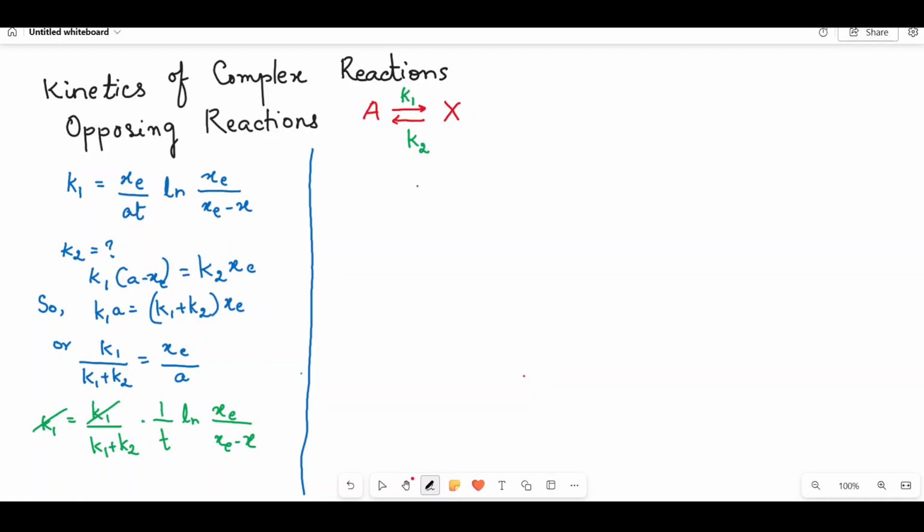So what we have now is K1 plus K2 is equal to 1 by t ln of Xe by Xe minus X.